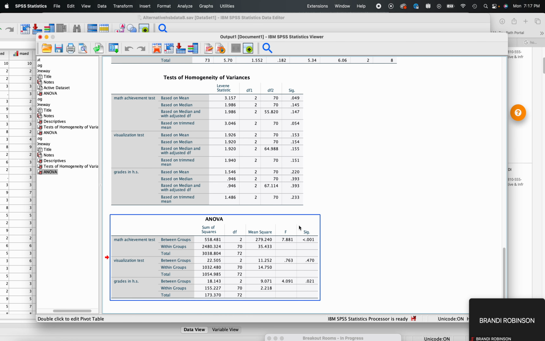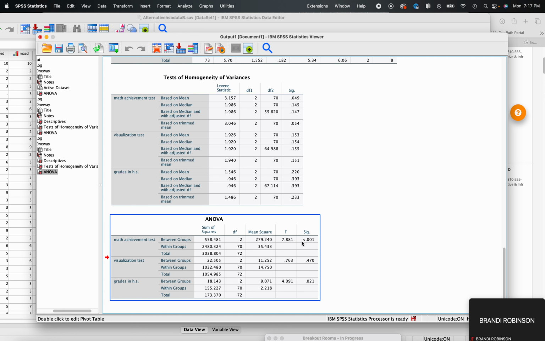Now we're going to look at the actual ANOVA. If I look at math achievement and I look at my p-value, this goes back to that original research question of, is there a statistically significant difference on math achievement test, visualization, grades in high school between students whose fathers have a high school education, some college, or a degree?